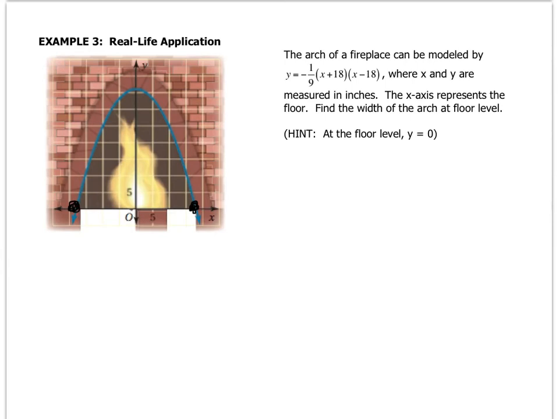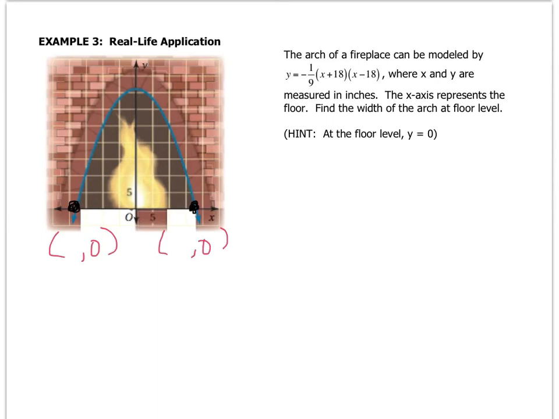And if we can find the roots, then we know what the values are, because at the floor level, the y value is 0. If you think about this being on a coordinate plane, these are going to be the x-intercepts, and we know at x-intercepts, that's where the y value is 0.